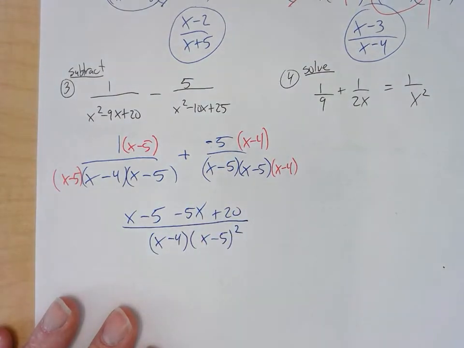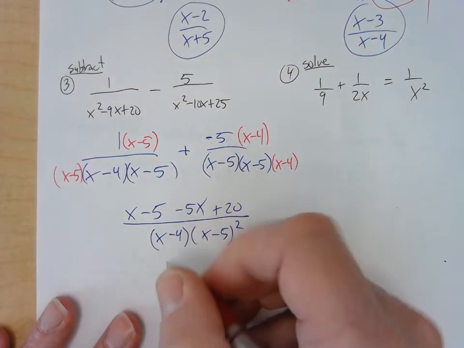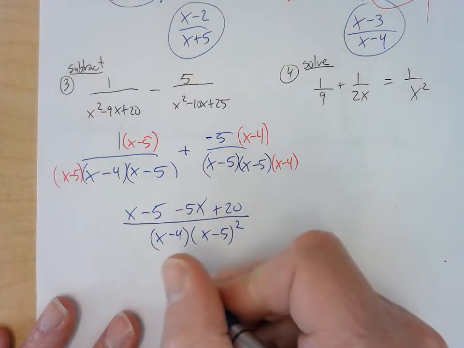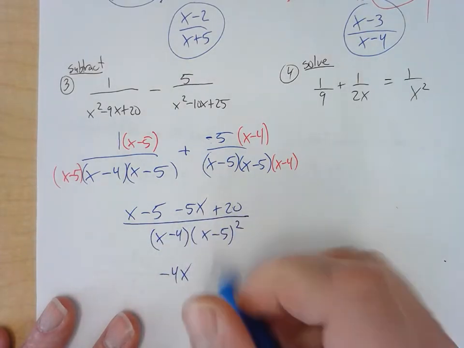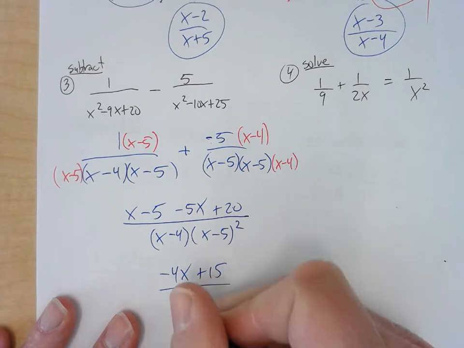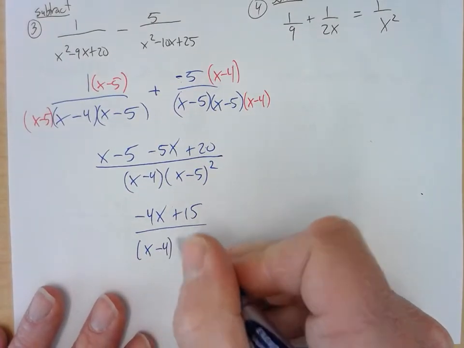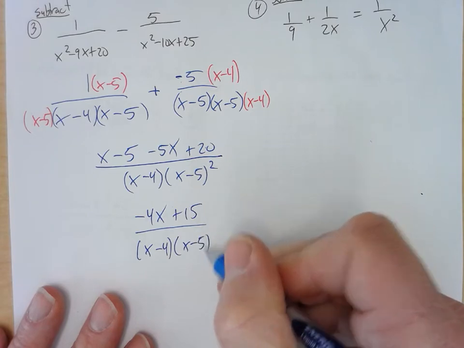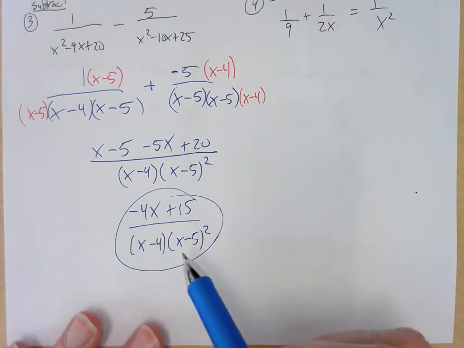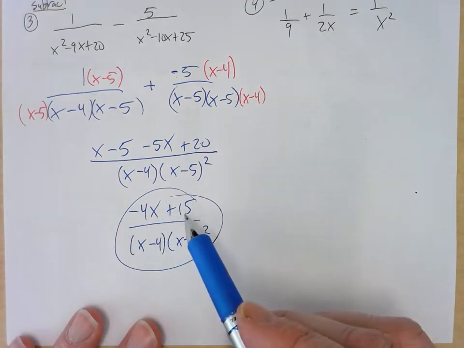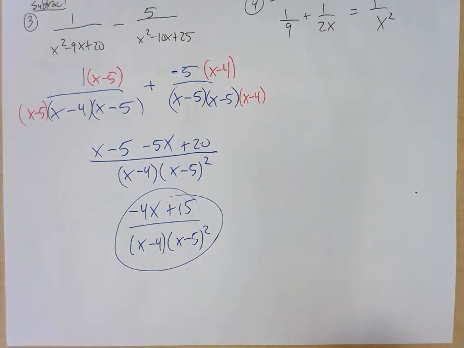Put the x's together and we get negative 4x. Put the numbers together, we get 15 over x minus 4 times x minus 5 squared. So my rule of thumb usually is to simplify the numerator, leave the denominator factored. That's the most useful way to leave it typically when you get to calculus.